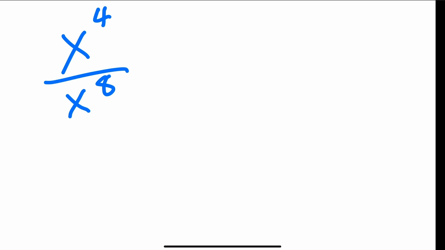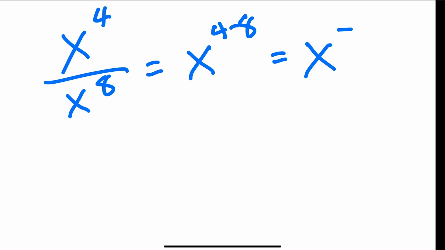All right, so let's say we have x to the 4th power over x to the 8th power. So if we were to solve this, we would get x to the 4 minus 8. Okay, well, that's going to give us a negative 4 as our answer.